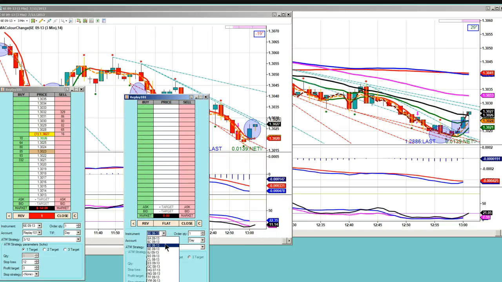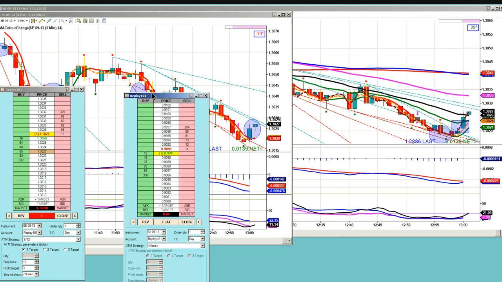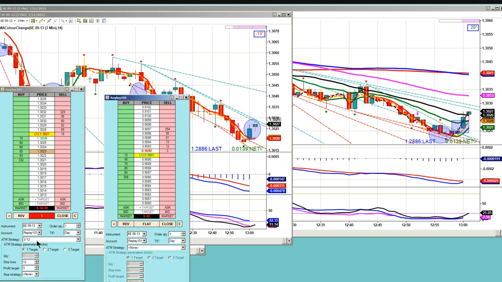Let's pretend this is my second account. Let me do this. Okay, let's pretend that this is my second account for the euro. So I've got euro in one account, account A, and this is account B.